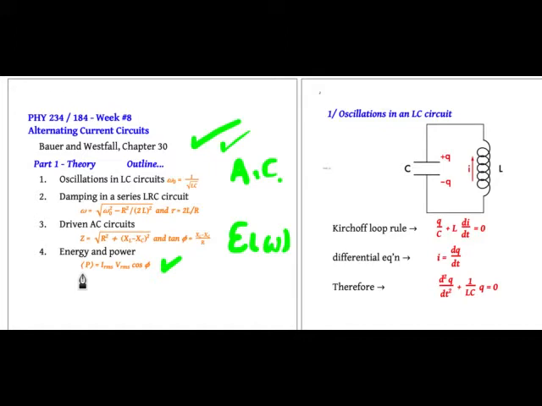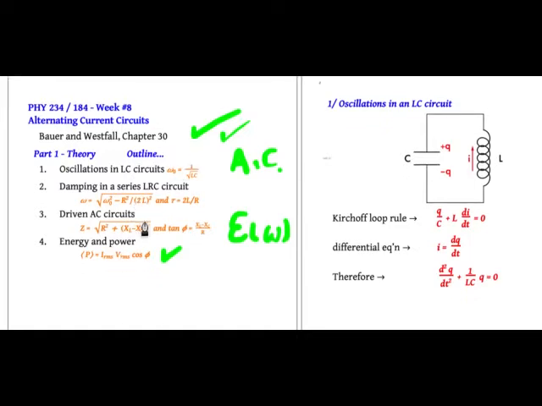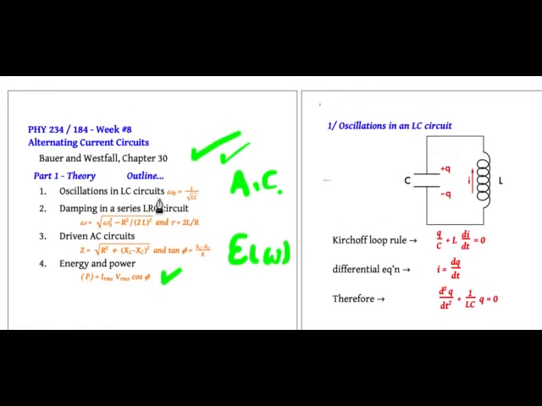And we already have from previous weeks formulas for energy in a capacitor, energy in an inductor, power dissipated in a resistor. But those are for DC circuits. And what happens in the case of AC circuits? So in orange here we have the most important equations, so be sure you have these written down in your notes.